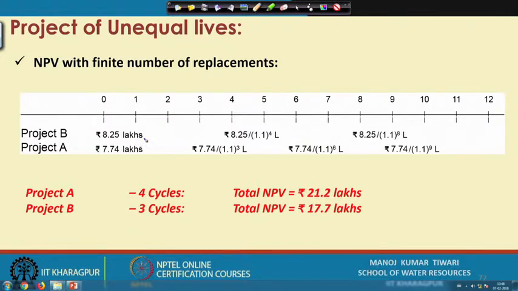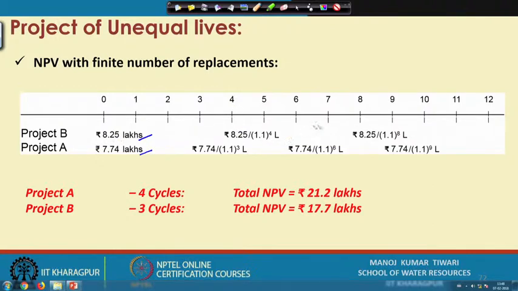For project B, we had a net present value of 8.25 lakhs initially for the 4-year duration, while project A, which was for a 3-year duration, had a net present value of 7.74 lakhs.